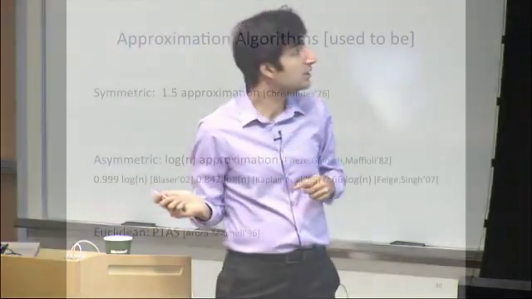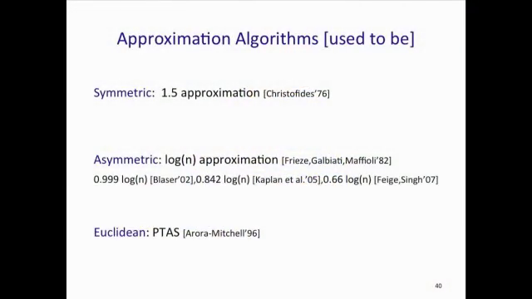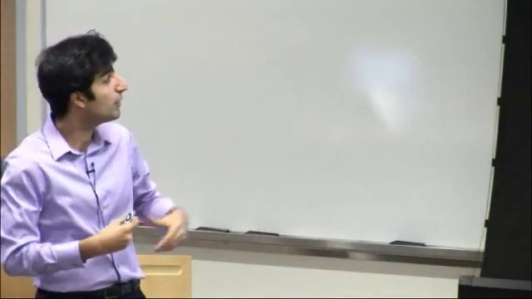This is a generalization of symmetric TSP. And then there is the Euclidean version, where we assume the points are embedded in a plane, and the distance between a pair of points is the Euclidean distance between the corresponding points in the plane. Okay? So let me tell you what we knew, what was the state of the art before our work.